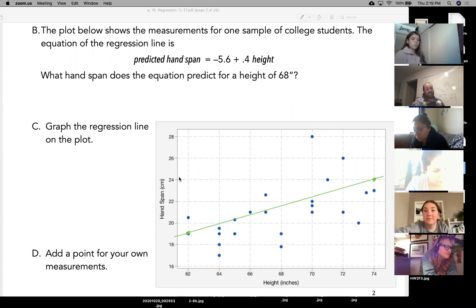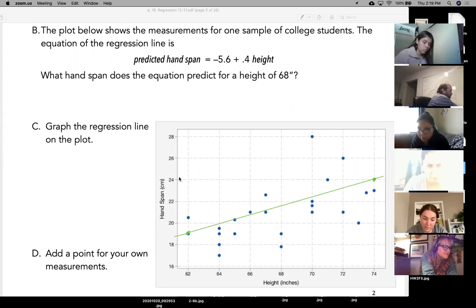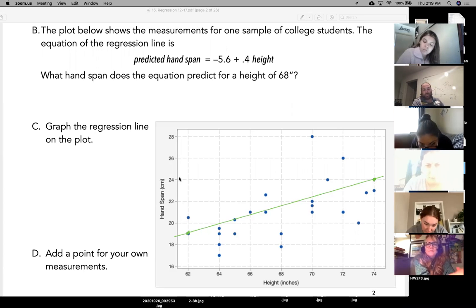But we actually have someone in our data that is 74 inches tall. Was their hand span 24? No, it looks like 23, correct?